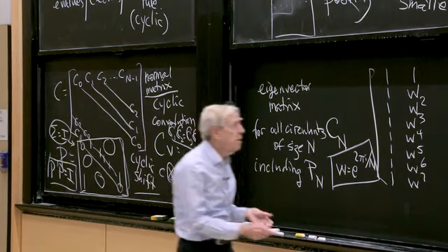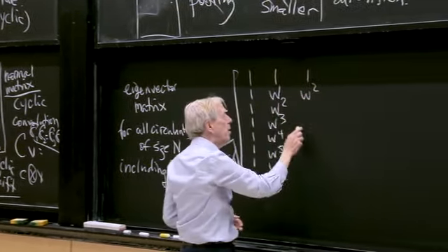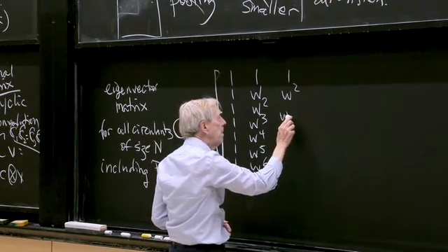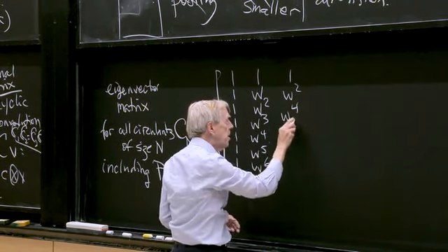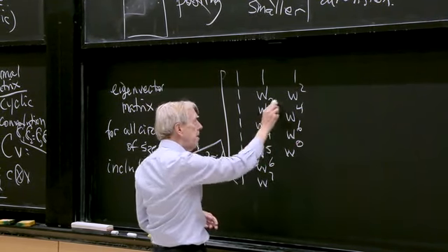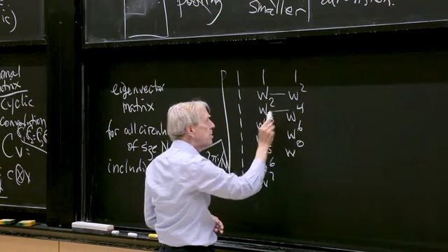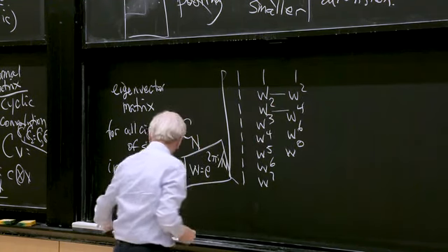Okay, and then the next one in this list will be going with W squared, so it'll be W to the 4th, W to the 6th, W to the 8th. Wait a minute, did I get these lined up right? W goes with W squared. Whoops. Okay.